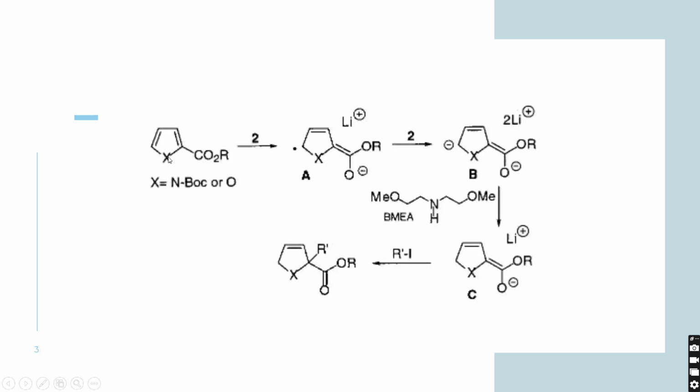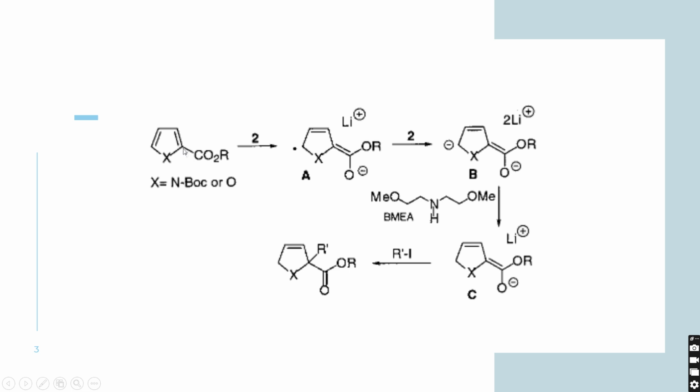Let us solve the first question step by step. This is your substrate, and when you react it with Birch conditions, the first electron will come to the second position, which contains this ester functionality. Why is it so? Because of the presence of this electron withdrawing group, this position is electron deficient. When the incoming electron comes to this electron rich ring, if you place it on this electron deficient position, it will be stable.